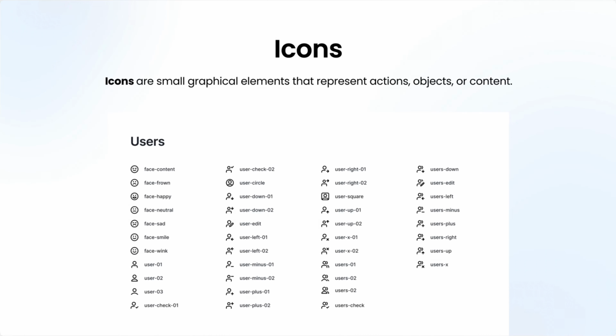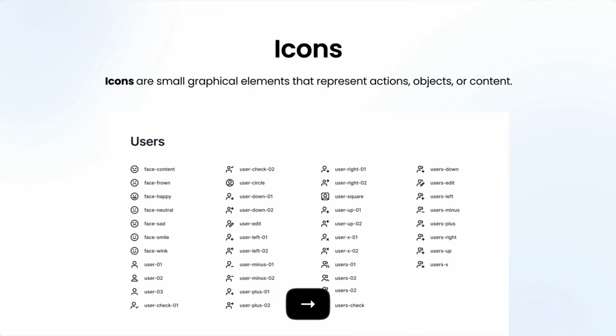And essentially what they are is small graphical elements that represent actions, objects, or content. And it's almost an art form in and of itself, both the creation of an icon as well as knowing when and what type of icon to utilize within a UX component or an experience. So this is going to be another one of those pillars that we're going to use all the time in our UI UX journey.